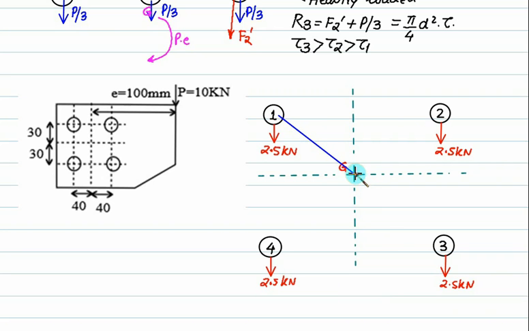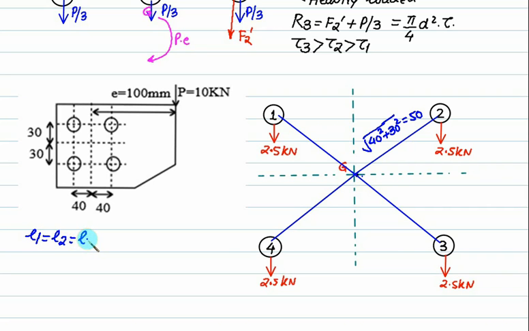This radial distance is the same for all of them. For this one we have 40, this distance equals 30, so this distance equals square root of 40 square plus 30 square, that is 50. So L1 is the same as L2, L3, and L4, equal to 50.